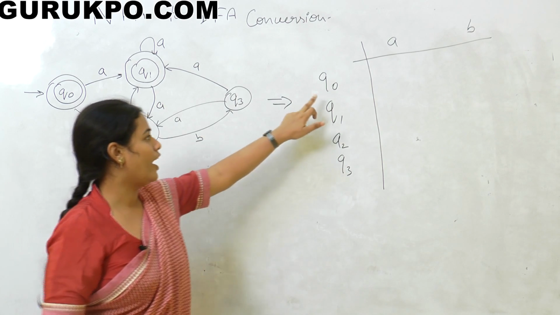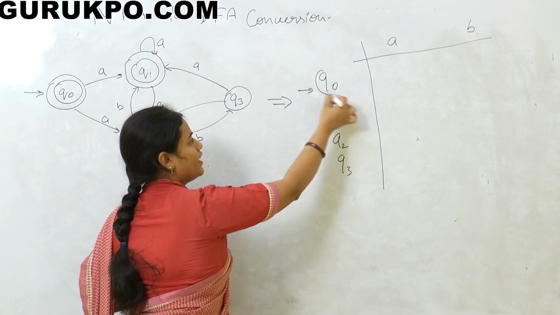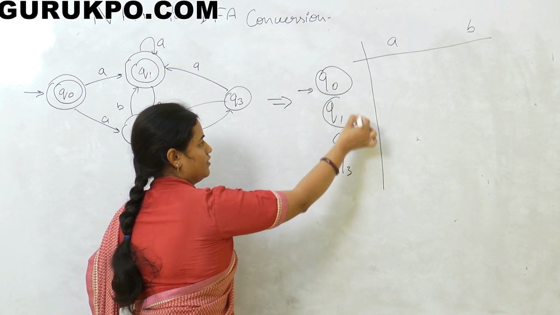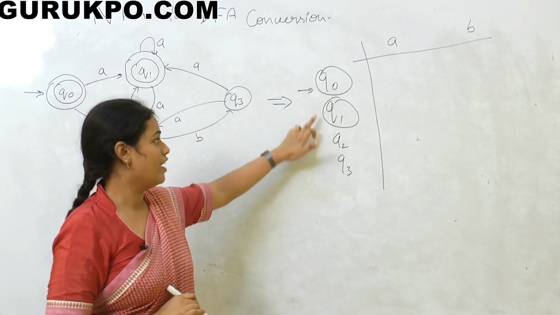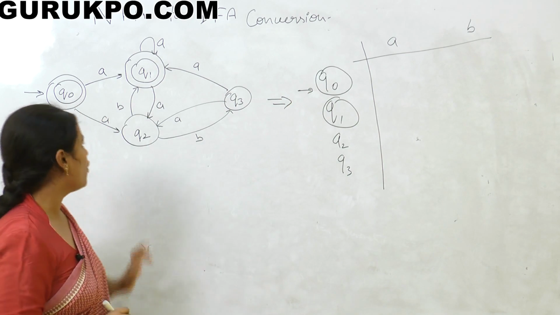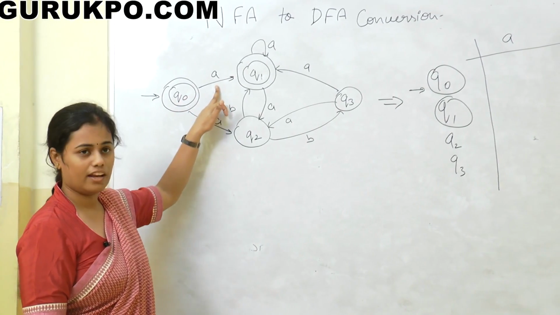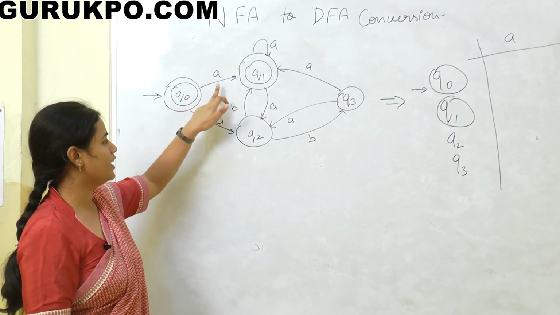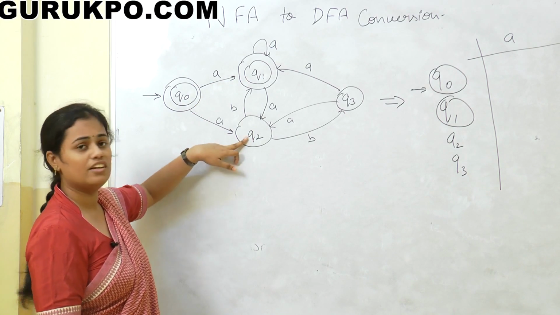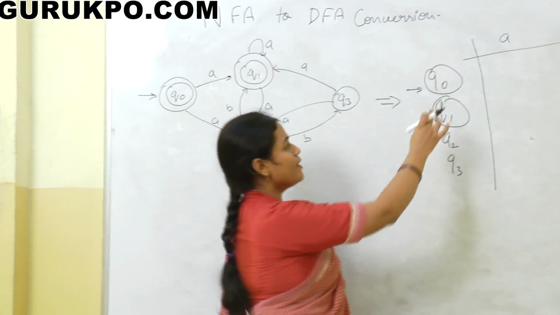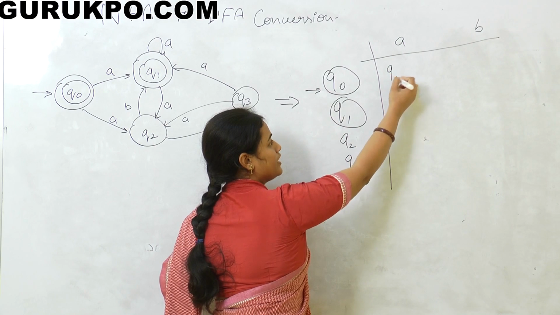When I am at the Q0 state, this is an initial state as well as a final state. It is clear now? Q0 is initial as well as final. Now, when I am at the Q0 state and I give the input A, I reach the states Q1 as well as Q2.